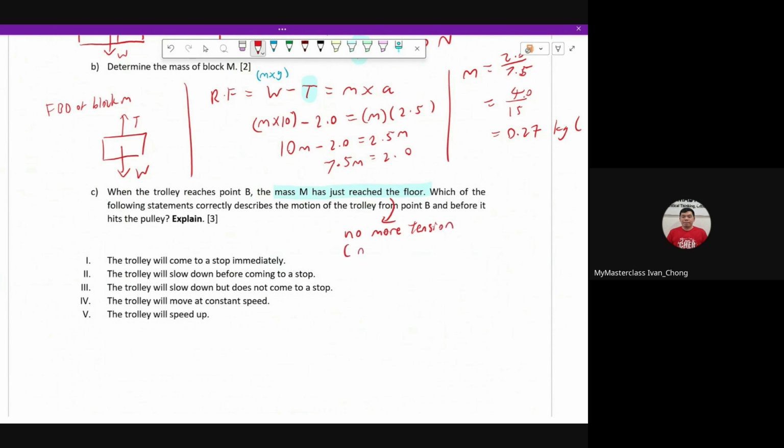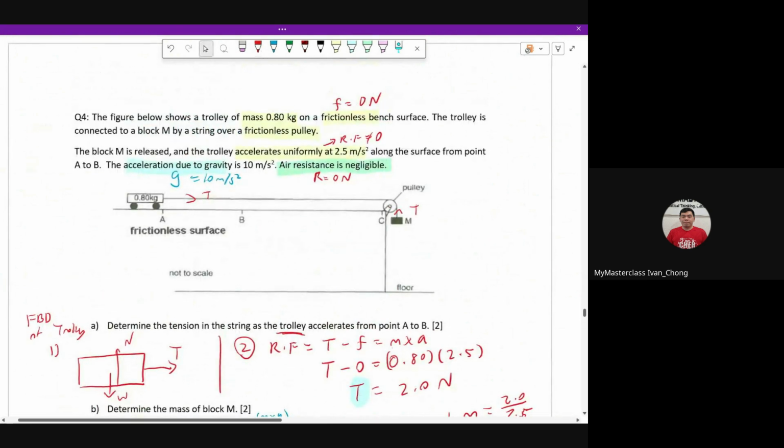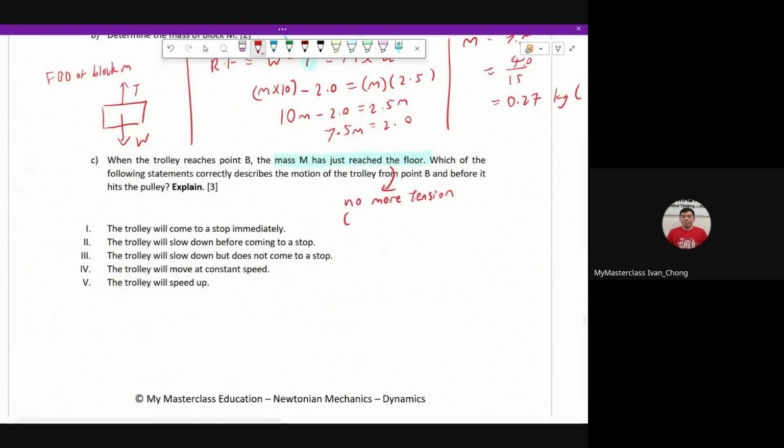Your string is no longer stretched. Because it's no longer stretched, we don't have tension anymore. So what's the trolley doing? Let's draw your step 1. We will sketch it because we need to explain. So let's do the steps at the side.